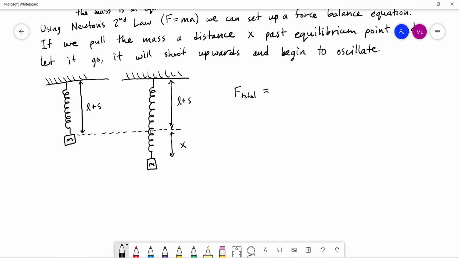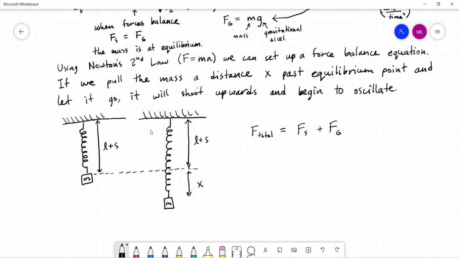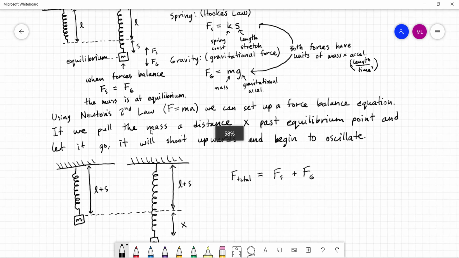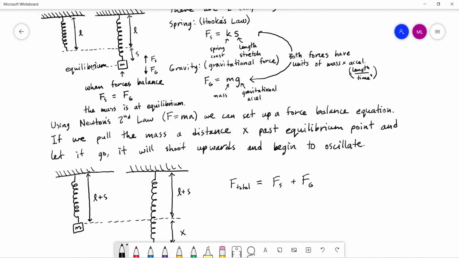So basically, the total force is going to be equal to the force of the spring plus the force of gravity. And we just need to keep in mind that at least here at the equilibrium point, those two forces point in opposite directions. So we're going to have to assign a negative sign to one of these.